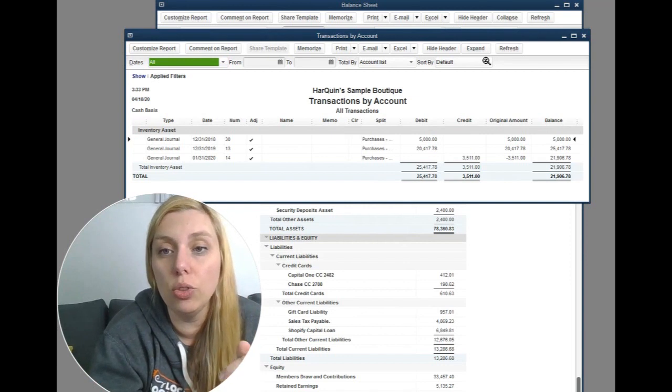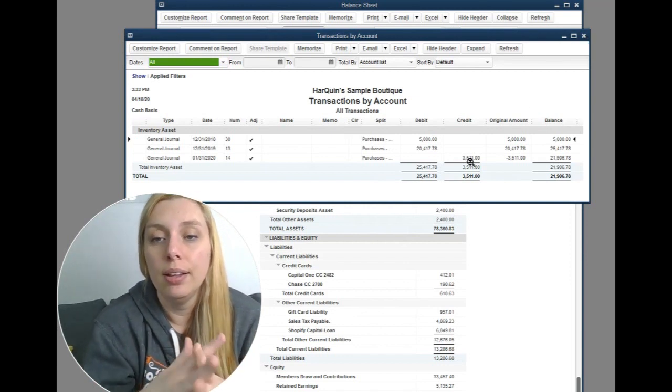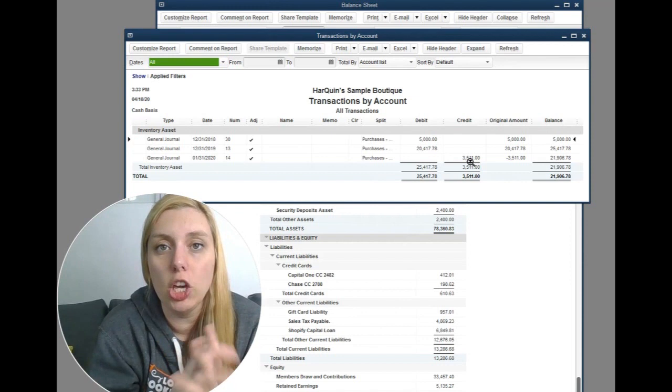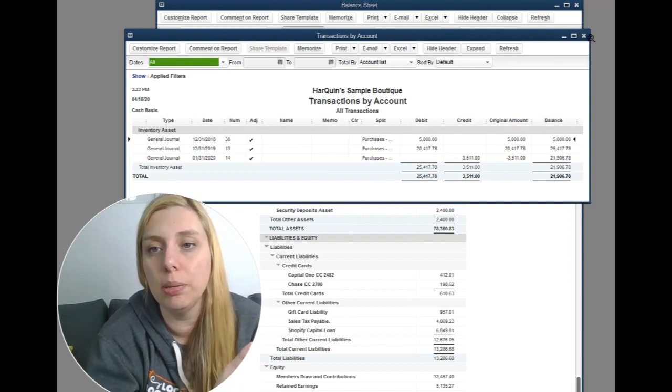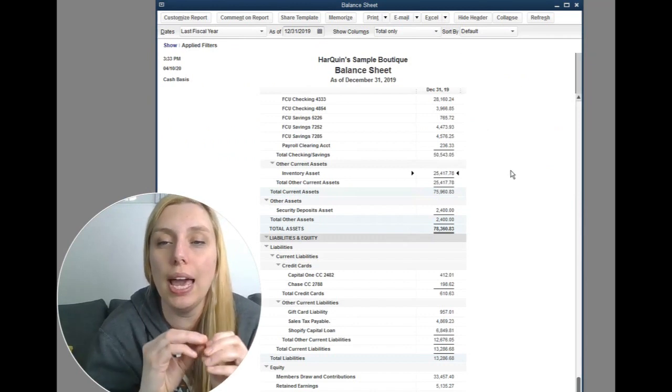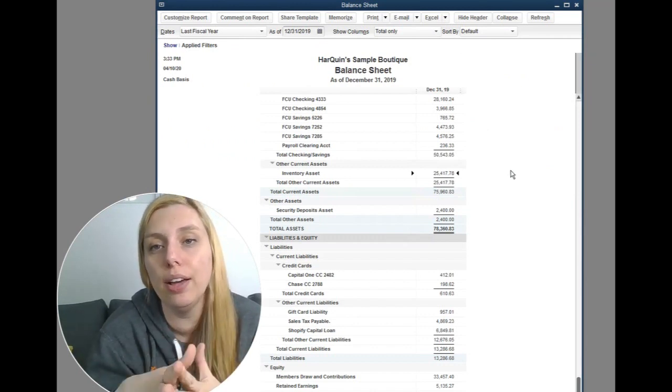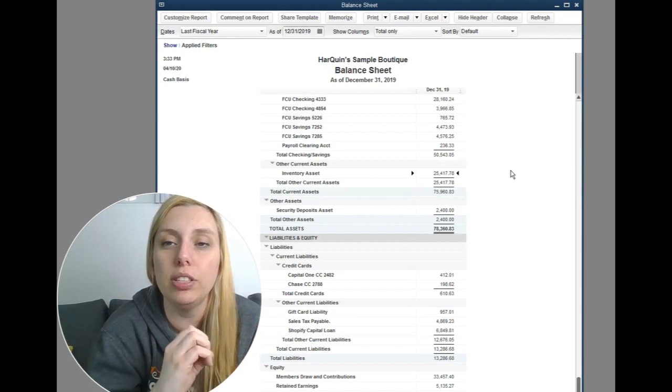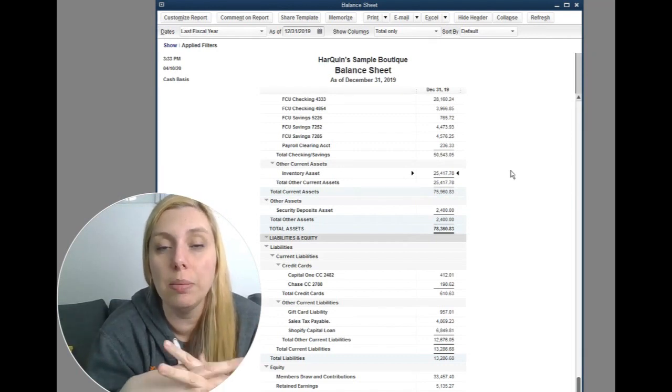I recommend that you do the monthly entry to make your balance sheet match, make this number right here match at the end of every month what you actually had on hand, the value of it, not the retail, but the wholesale, what you purchased it for, so that you don't get surprised come tax time.